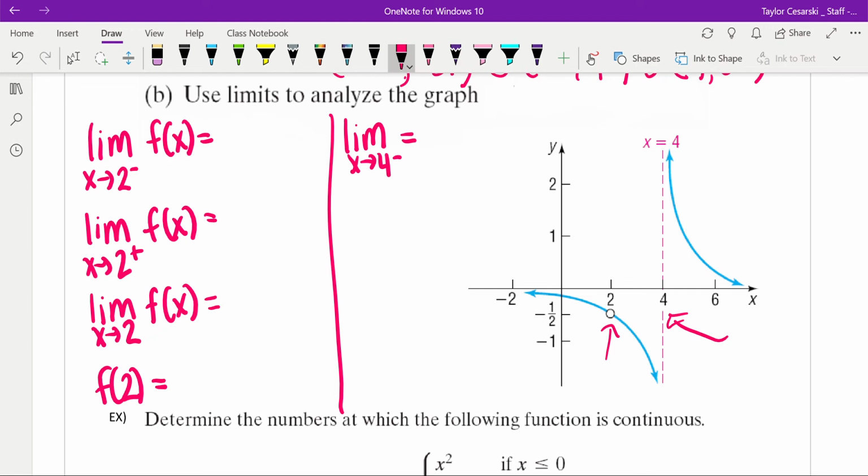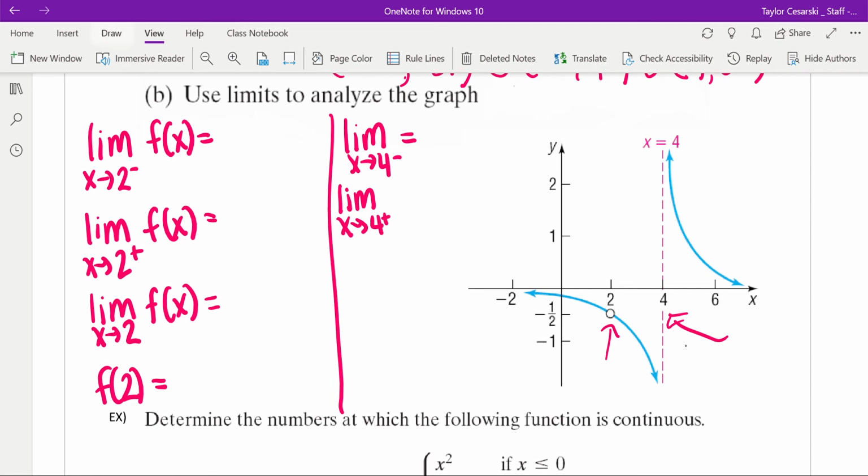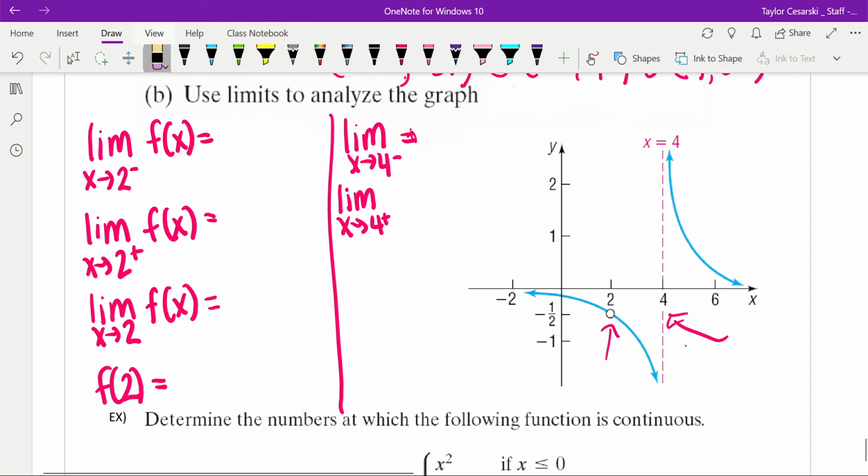Also notice, I don't know why this is a common mistake, but 2 from the left, notice I'm not putting negative 2. This is 2 from the left. It has nothing to do with negative 2. Negative 2 has nothing to do with what I'm analyzing here. Oh, and notice, I just made a mistake, like what I said not to do, and I didn't put f of x.